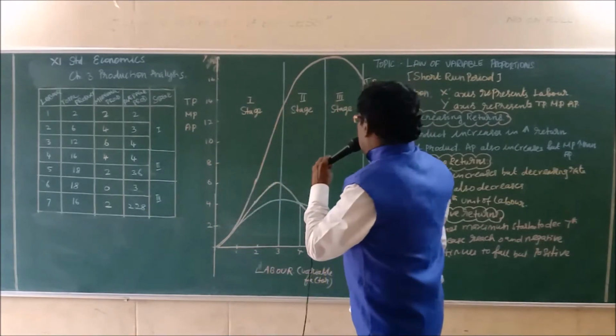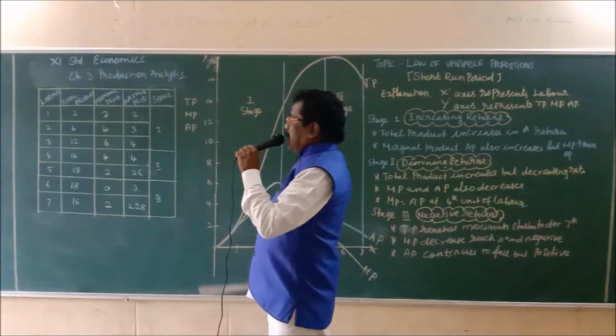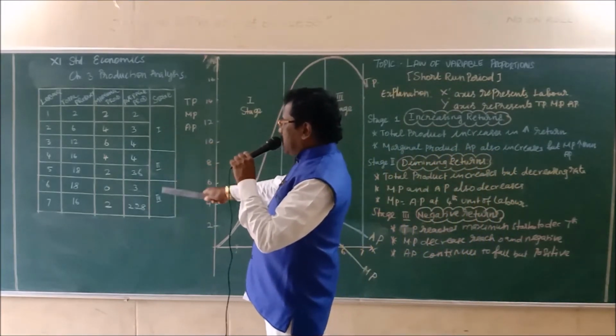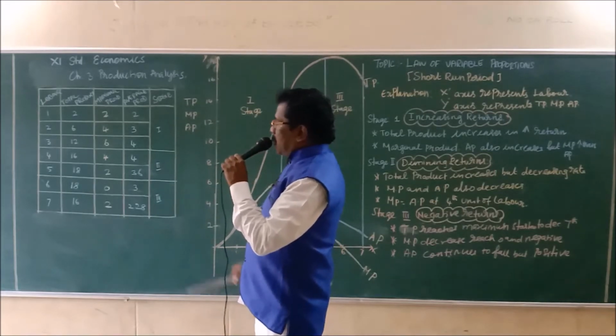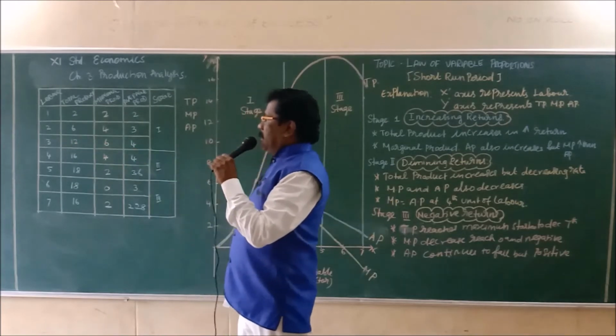So this law of variable proportion explains the 3 stages: first stage, second stage, and third stage. The first stage consists of the first 3 units of labor.